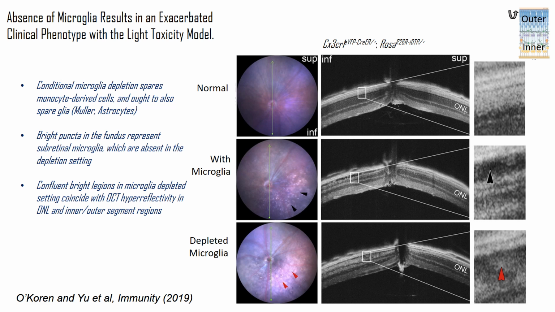But this is in contrast to the depleted setting where microglia are absent, whereby in the fundus one finds a more confluent region of damage. Corresponding to that in OCT, there are larger areas of hyperreflective events in the outer nuclear layer and segment regions, again indicating very distinct phenotypes in the presence versus the absence of microglia in the light toxicity setting.